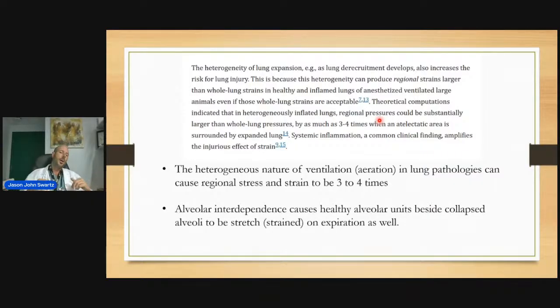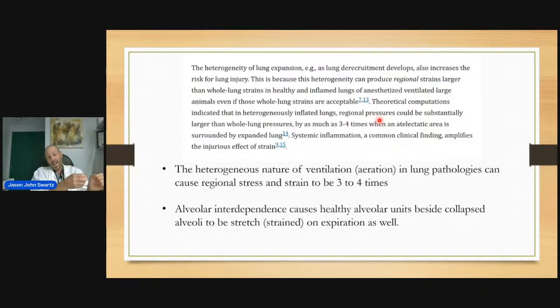Another interesting thing is that, let's say you have an area of collapsed alveoli and you have an area of healthy alveoli that are adjacent to the collapsed alveoli. So on inspiration, it goes like this. And then on expiration, the collapsed alveoli actually pull, right? Because you actually have healthy alveoli beside collapsed alveoli getting strained, getting pulled on expiration.